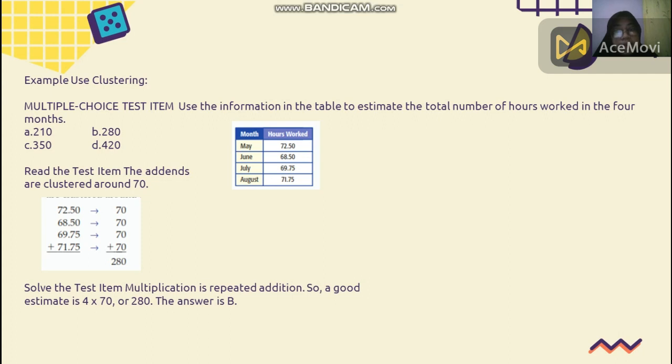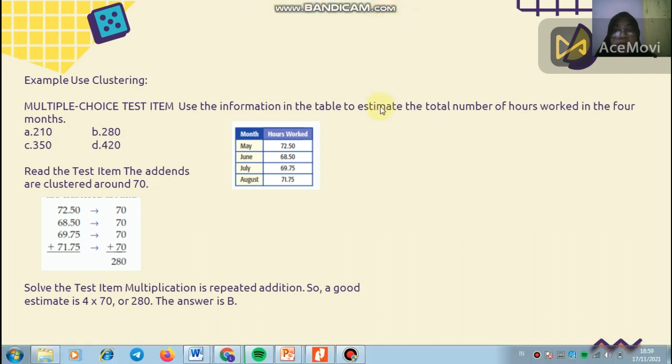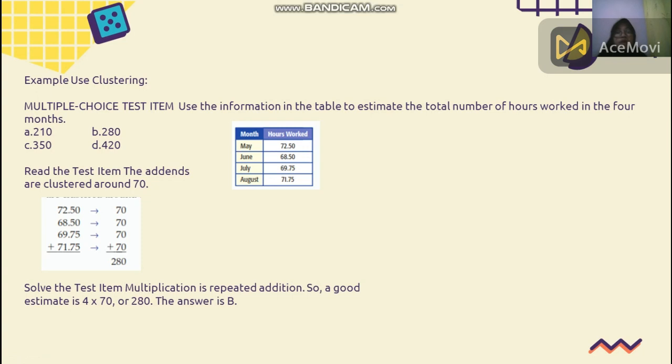Read the test item. The values are clustered around 70. $72.50 becomes 70. $68.50 becomes 70. 69.75 becomes 70. 71.75 becomes 70. 70 plus 70 plus 70 plus 70 is equal to 280.